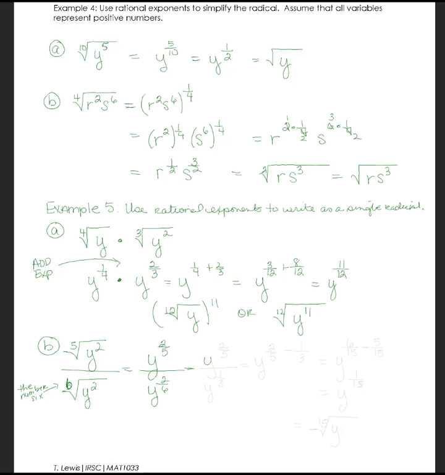Okay, let's reduce. So we have y to the 2/5 all over y to the 1/3. Because it's a quotient with a common base, we're going to subtract the exponents. We want a common denominator. I heard 15. So 2/5 into 15 becomes 6/15, minus, and 1/3 into 15 becomes 5/15.